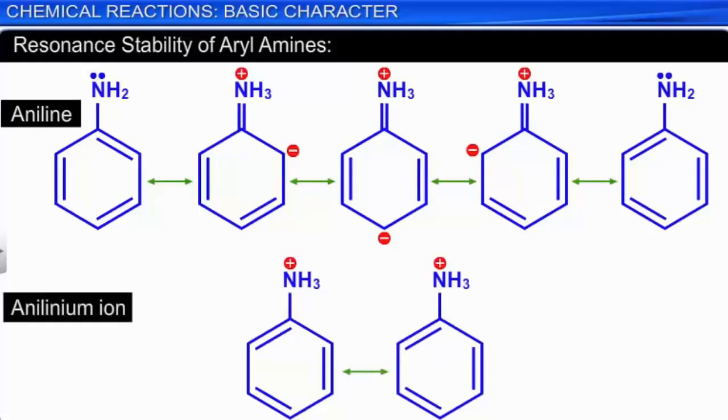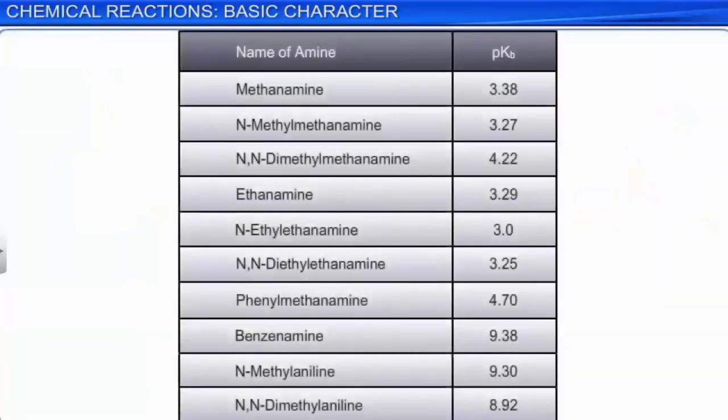You know that the greater the number of resonance structures, the greater the stability. Thus, aniline is more stable than the anilinium ion. Hence, the proton acceptability or basic nature of aniline or other aromatic amines would be less than ammonia.